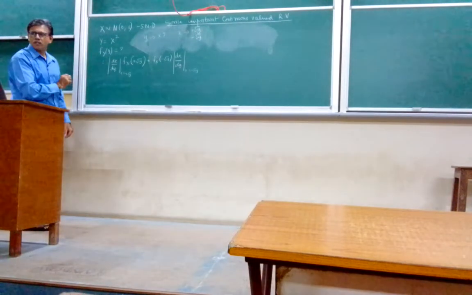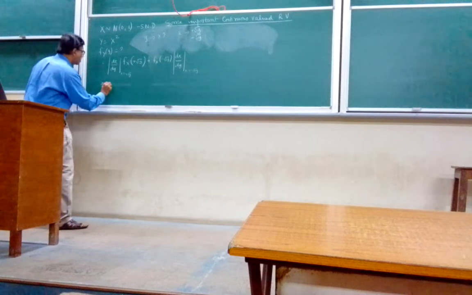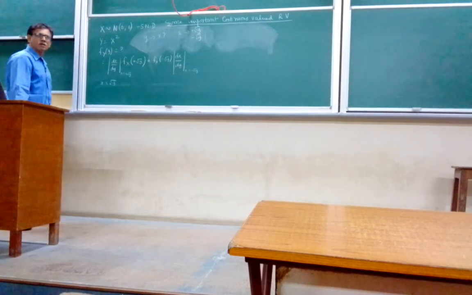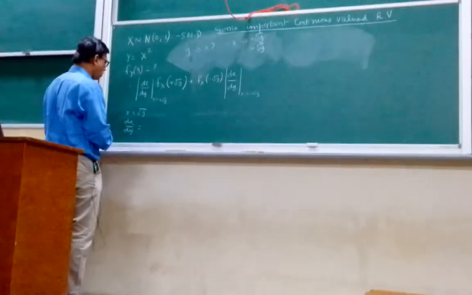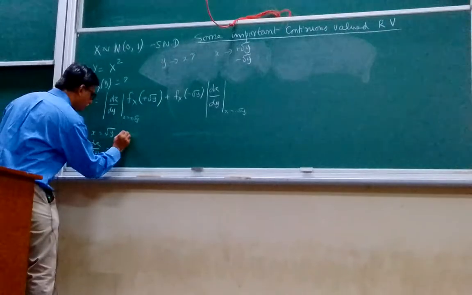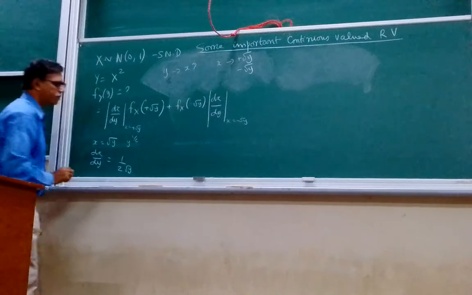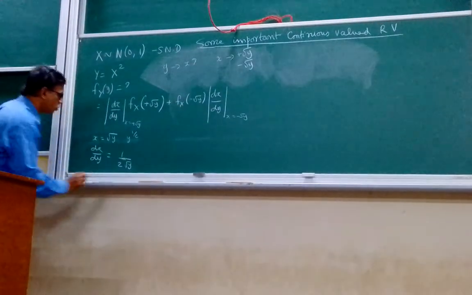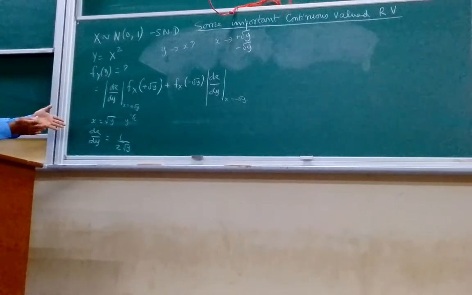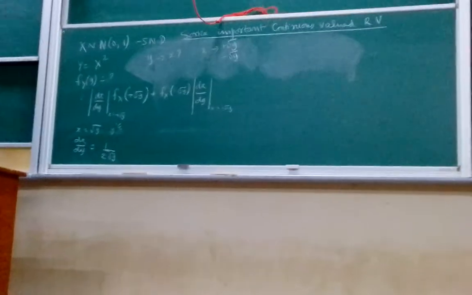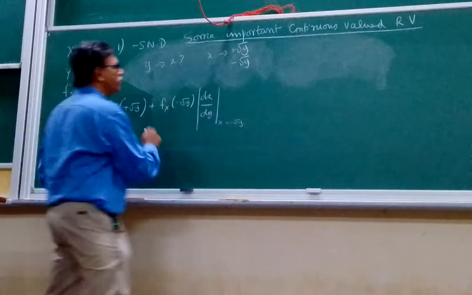First we will look at this dx by dy. For x equal to plus root y, that is y power half, dx by dy is 1 over 2 root y. Whether it is for minus, once you take the mod, dx by dy will be the same for both. So you have the Jacobian of transformation, and you put it in these 2.